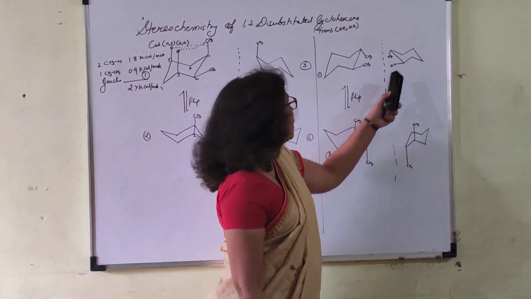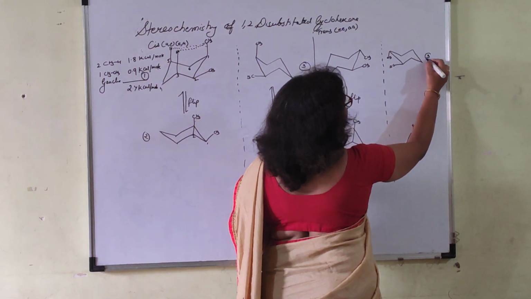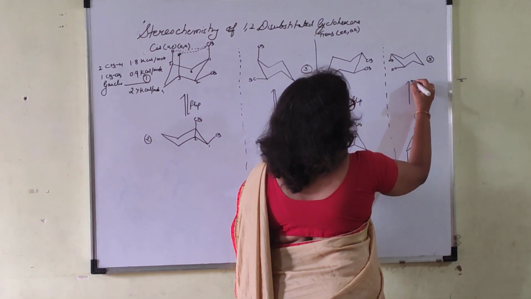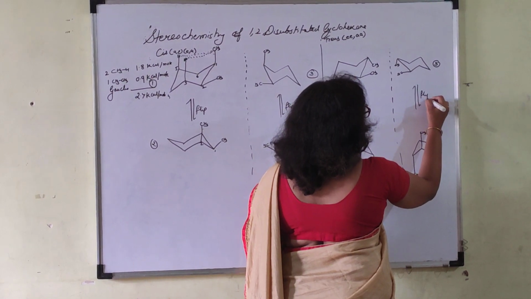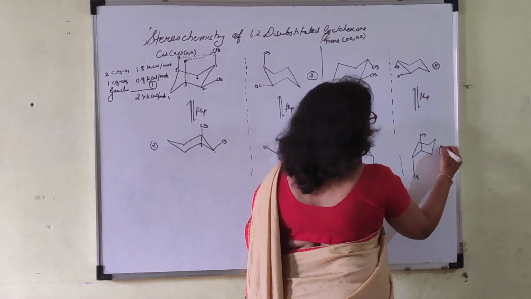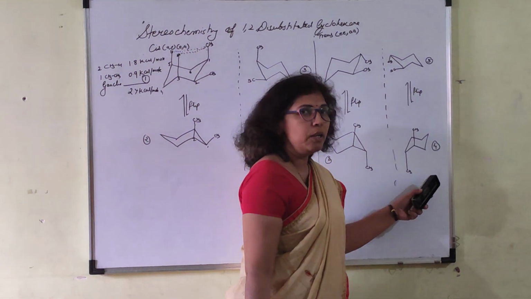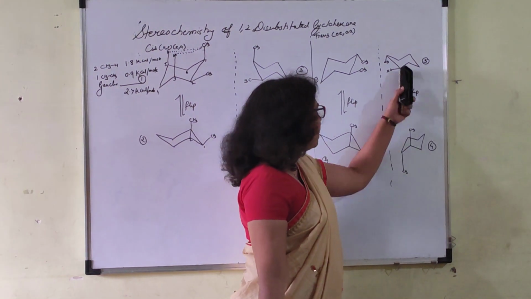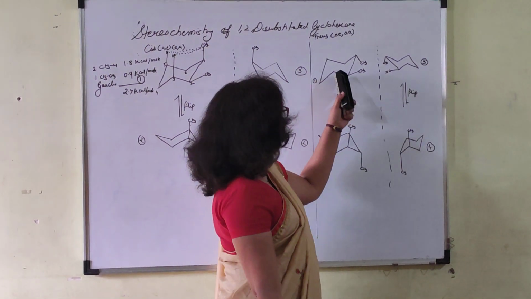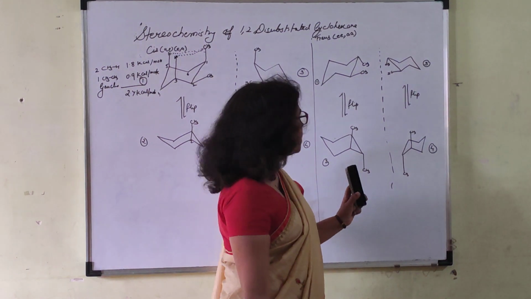If you see compound number 3, on flipping it will give you compound number 4. So 3 and 4 are again conformational isomers, as 1 and 2 are conformational isomers.